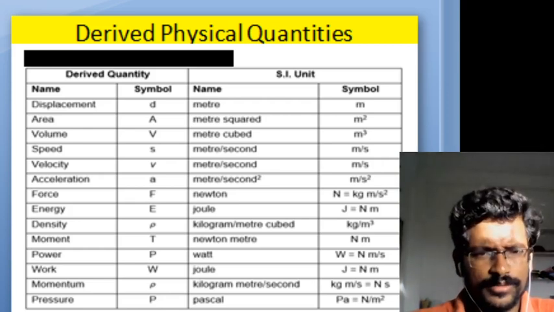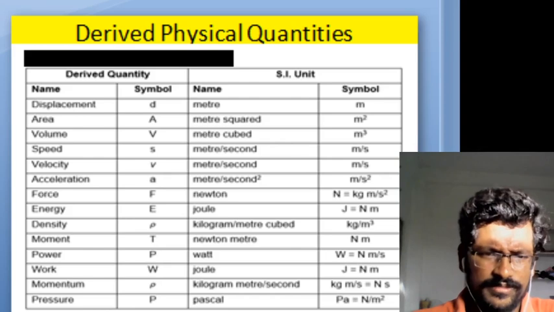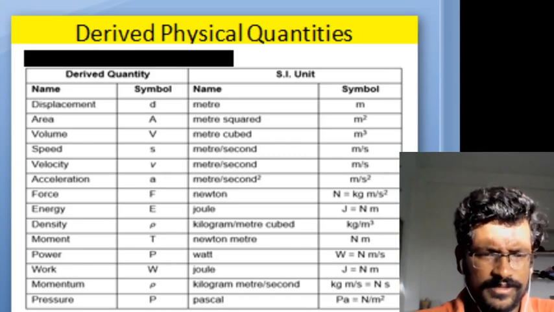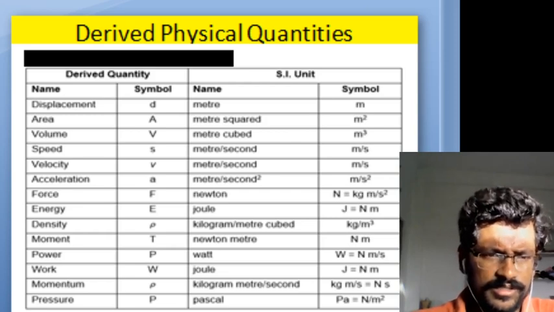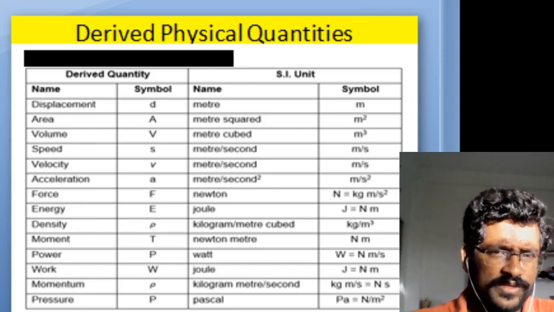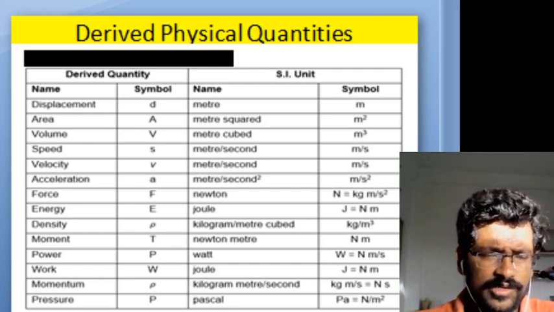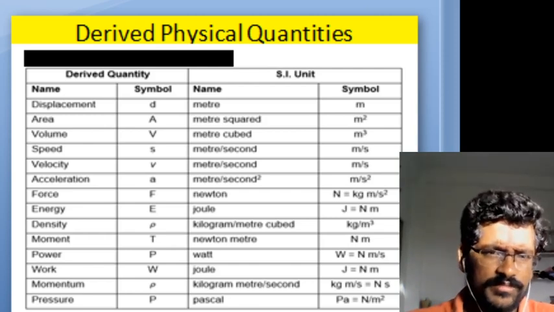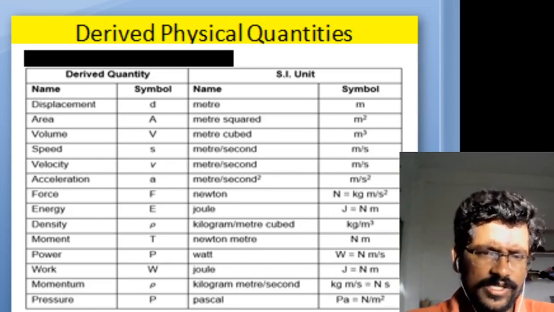P equal to Newton per meter square. Why? Because pressure is force by area, and the SI units of force is Newton, and area is in unit scale, because these are derived physical quantities. Derived physical quantities are derived from fundamental physical quantities.